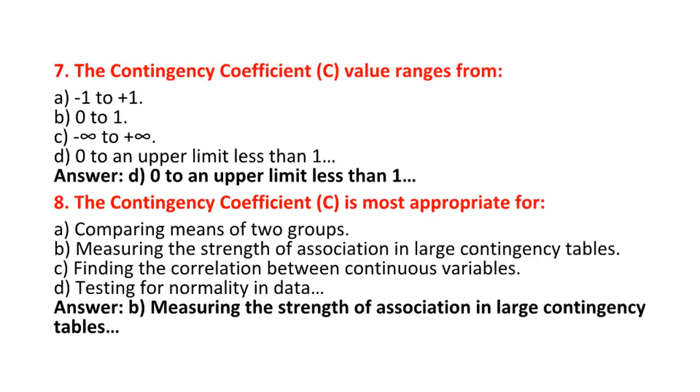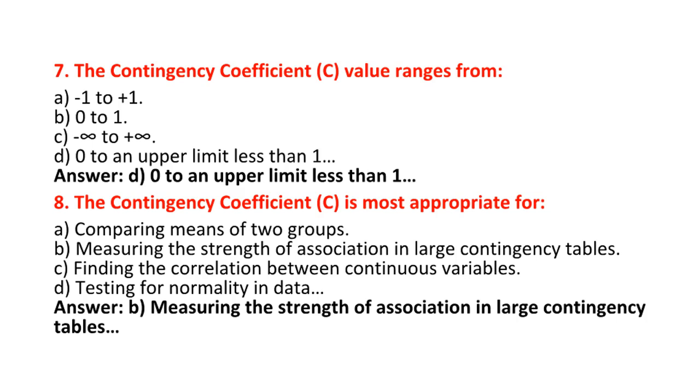7. The contingency coefficient, C, value ranges from A. minus 1 to plus 1, B. 0 to 1, C. minus 2 to plus 2, D. 0 to an upper limit less than 1. Answer, D. 0 to an upper limit less than 1. 8.